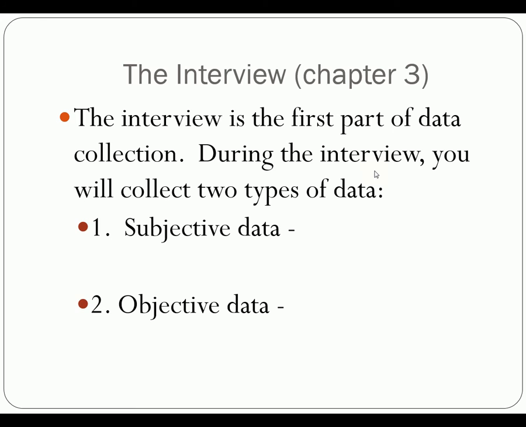And if you'll remember the 2 types of data, and this is on page 27 in your book if you want to follow along, we've got subjective data, which is what the person states or the significant other or someone else. So subjective data is states. Objective data is what you observe. So I remember that real easy by SSOO. Subjective states, objective observes. Okay.